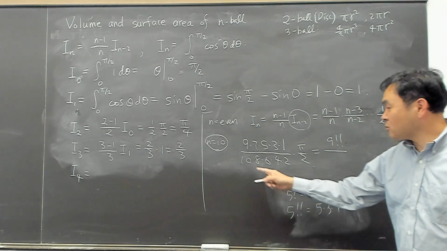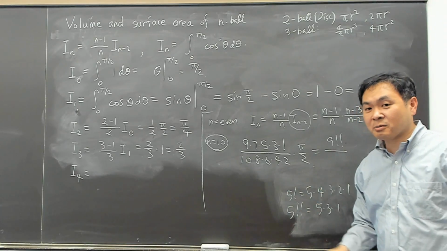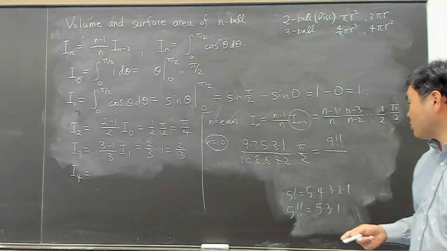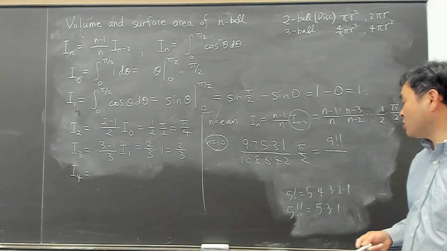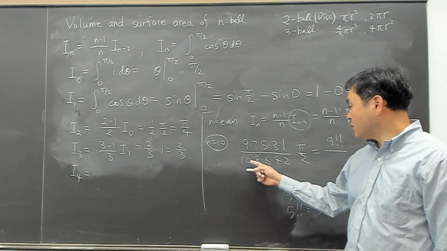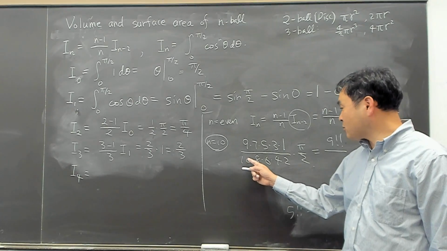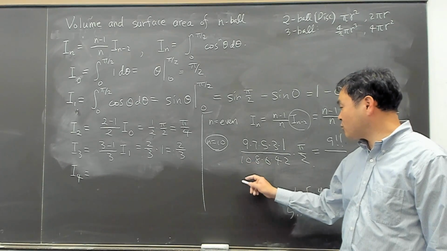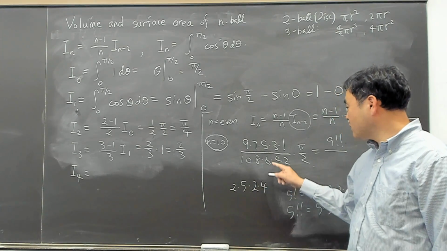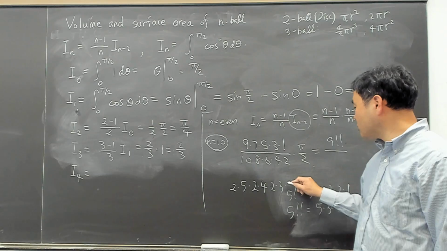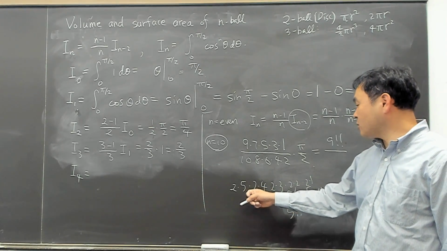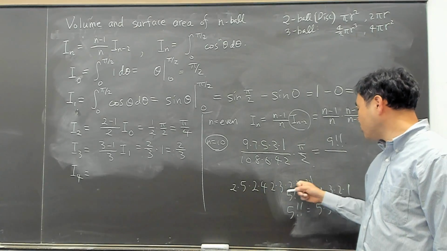And you could also do the same thing over here, but instead, when you have an even number, you don't use double factorial. Instead, what you use is you get to pull a 2 out. So if you rewrite 10 as 2 times 5, and 8 as 2 times 4, 6 as 2 times 3, and 2 times 2, and 2 times 1, then you see that you get 5, 4, 3, 2, 1.